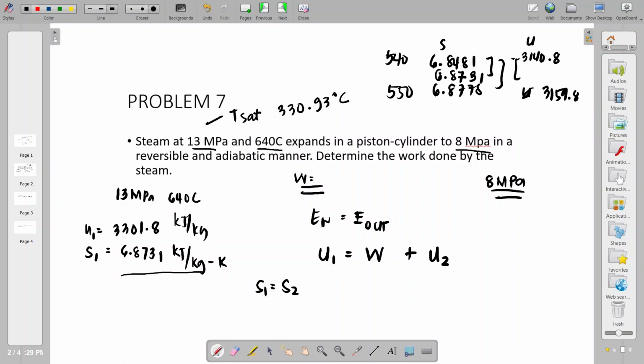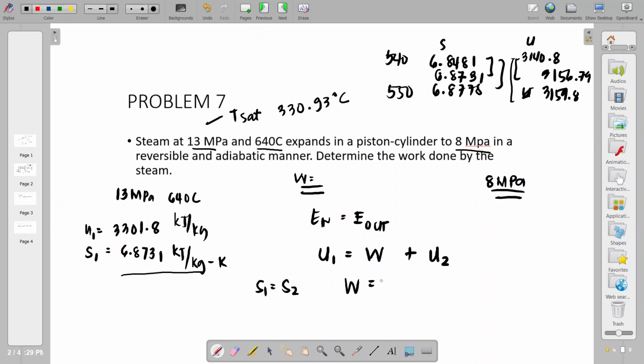Ang lalabas dyan is na U2 is nasa 3156.79. Okay. So, pwede na nating i-compute yung work.